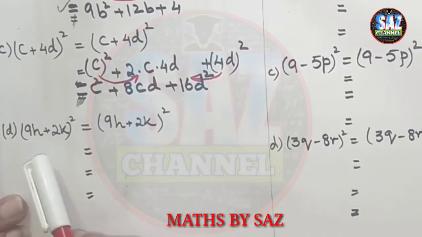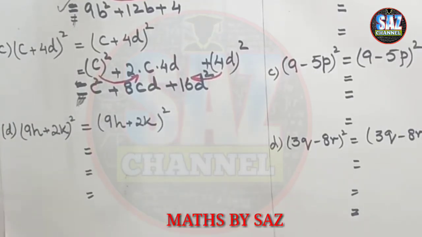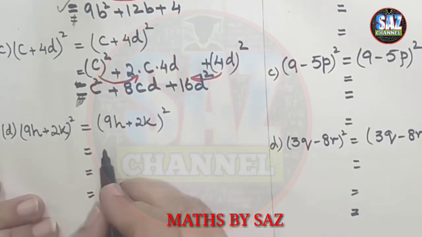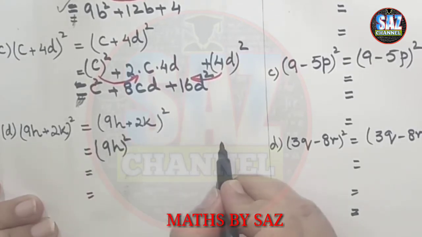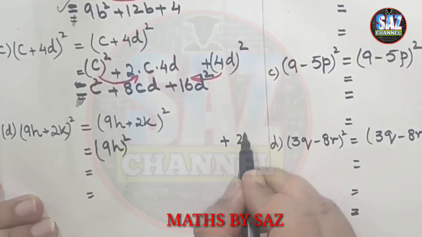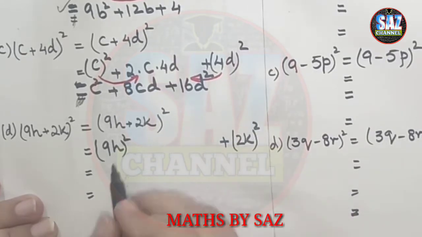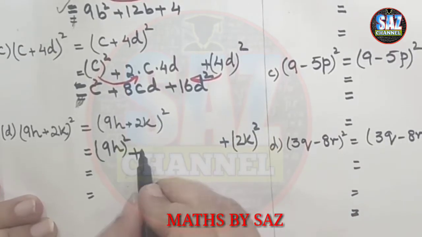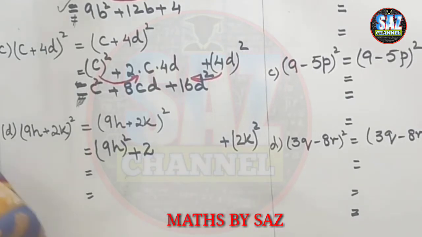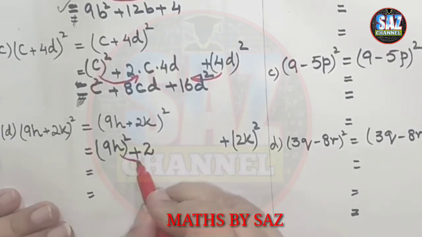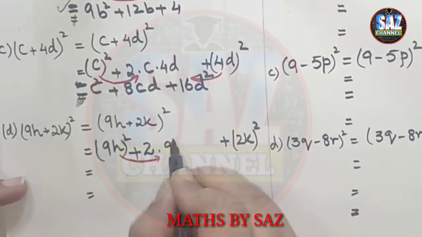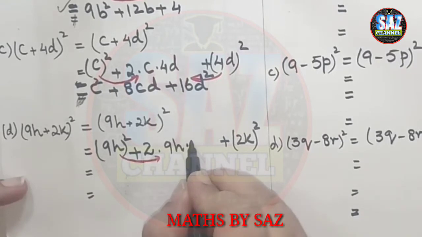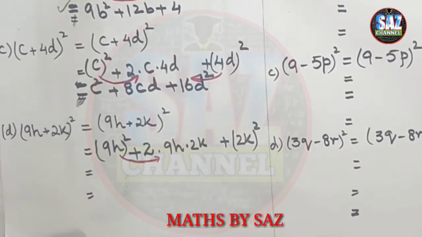Next question is (9h + 2k) whole square. Again compare it with the identity and it will become a whole square, that is 9h whole square, plus b square, that is 2k whole square, and coming to the middle part, 2 into a from the first bracket, that is 9h, into b from the second, that is 2k.